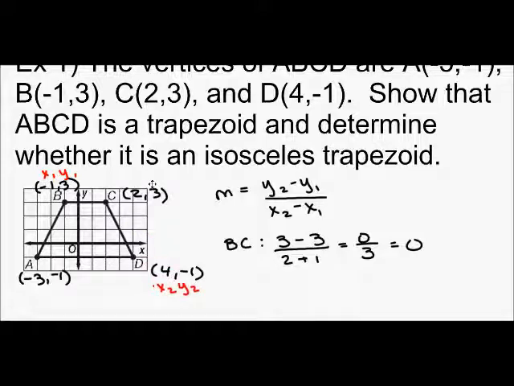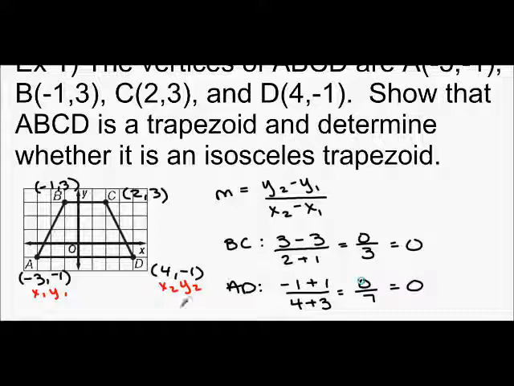And let's see if my segment AD has the same slope. So AD, we're going to have -1 minus -1, so plus 1, over 4 minus -3, so plus 3. We get 0 over 7, which is 0. Since both of these have the same slope, they are parallel. So I know BC is parallel to AD.